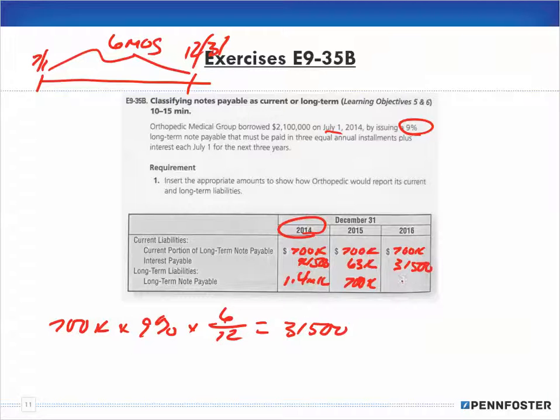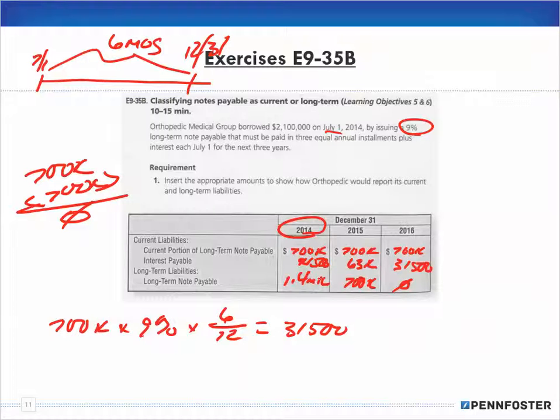And of course, at the end of the year, if we only have a $700,000 note and the current portion is 700,000, our balance is 0, so we have no long-term portion. That's all there is to it for that particular exercise. If you didn't understand that, go back and watch it again. It's just purely mechanics here.